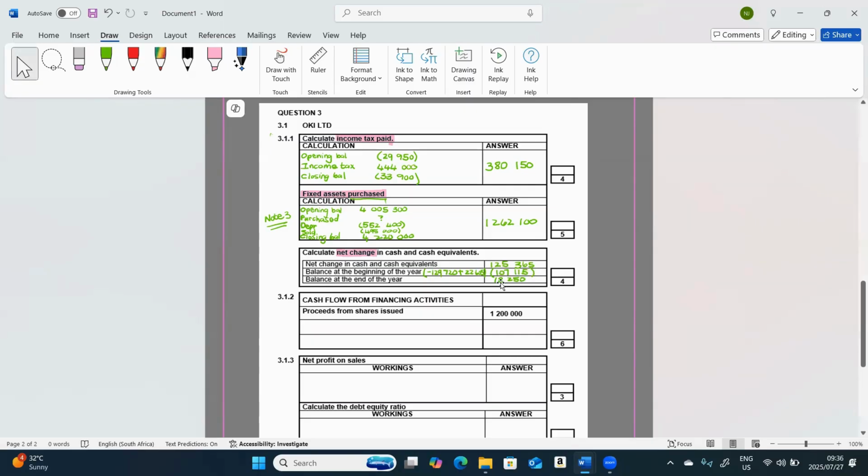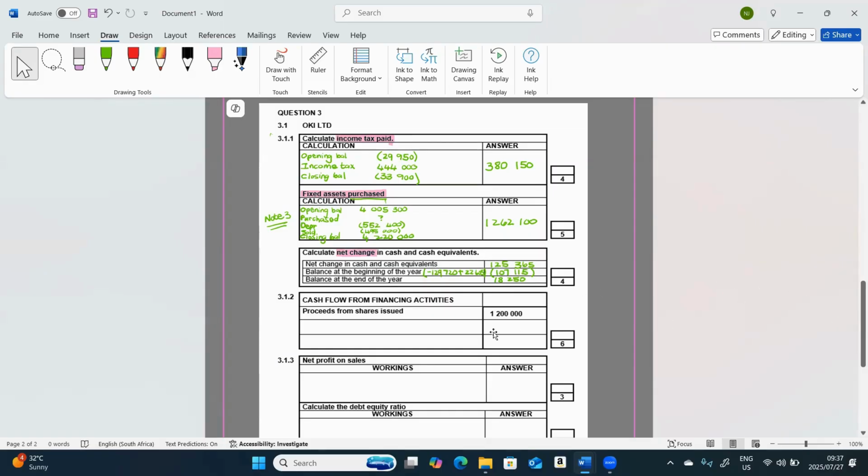And then from zero to positive 18,250, which means it was all a cash inflow to get us out of trouble and into a positive. So that is why this total amount of 125,365 is all the cash inflow. So think carefully about this next time, please. Okay, and that was your 4 marks for the net change in cash and cash equivalents.